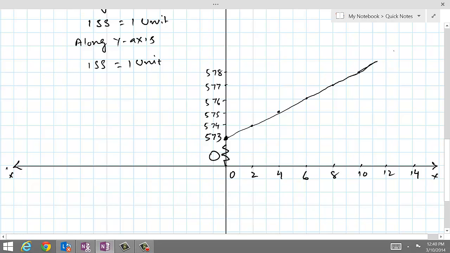So this way we can draw that straight line, and the equation of this straight line would be y is equal to 1 over 2 x plus 573. And there are few questions that we still need to answer.